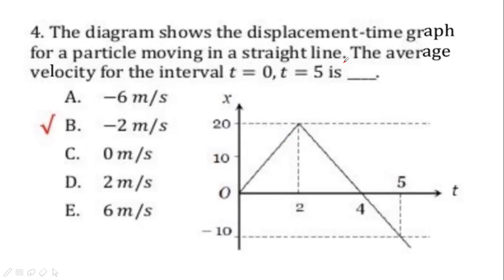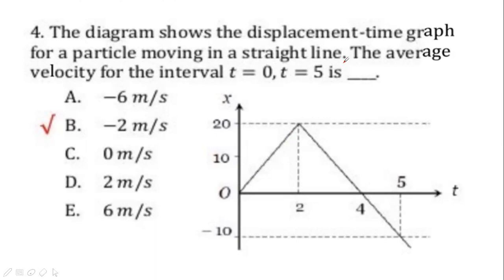The diagram shows the displacement time graph for a particle moving in a straight line. The average velocity for the interval t equal to 0 and t equal to 5 seconds is asked. At t equal to 0 seconds, the value is 0, and at t equal to 5 seconds, it is minus 10.